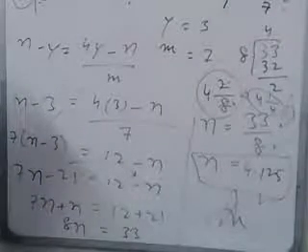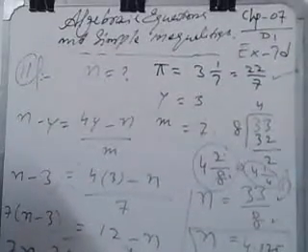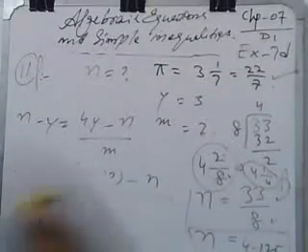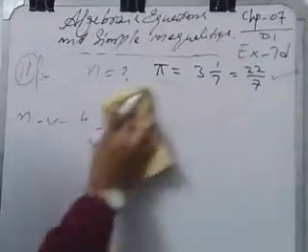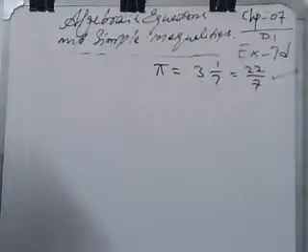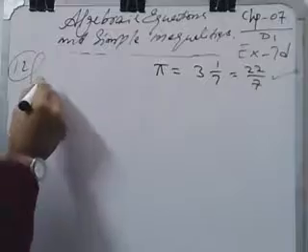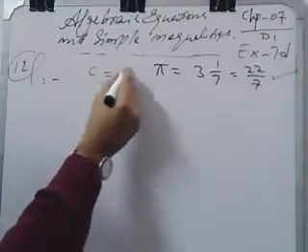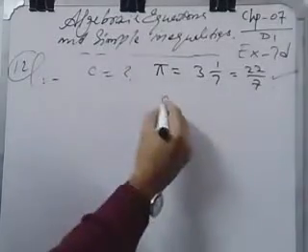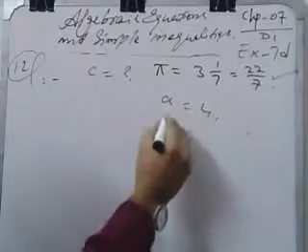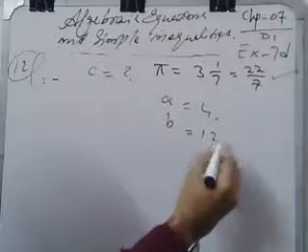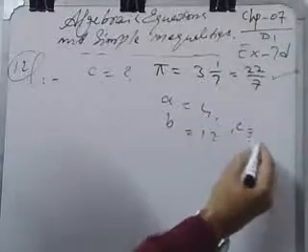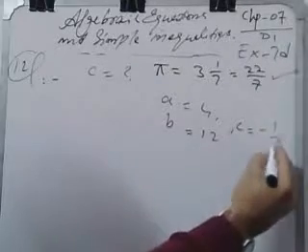Coming to the next part, question number 12. In this part you have been asked to find the value of c, where a is equal to 4 and b is equal to 12, where e is equal to minus 1 by 6.